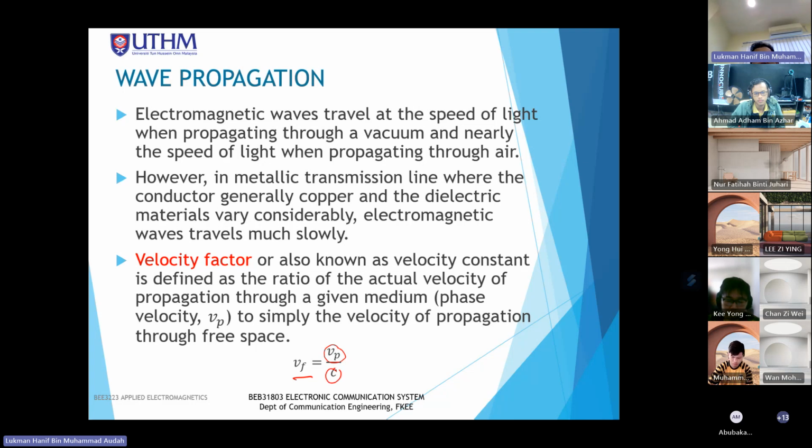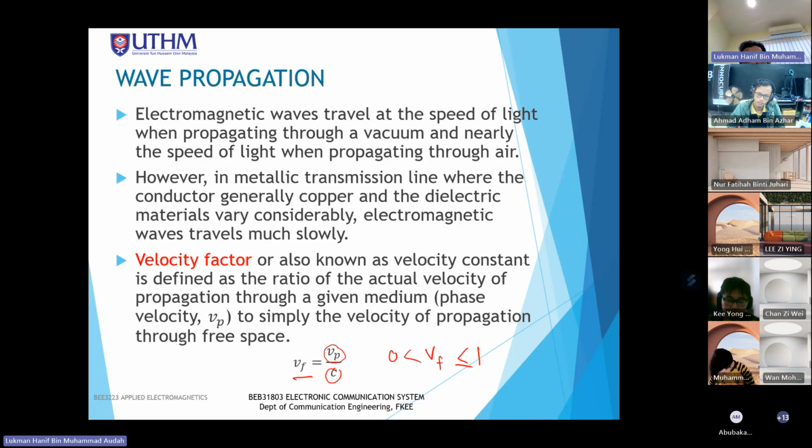Okay, so Vf, the ratio of Vf is actually larger than 0 and less than 1. Vf would be equal to 1 if the wave travels in the free space or the vacuum.